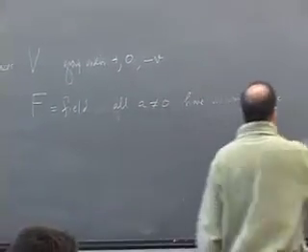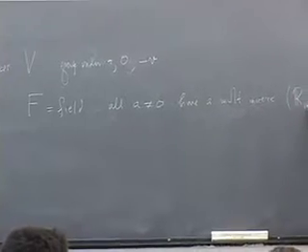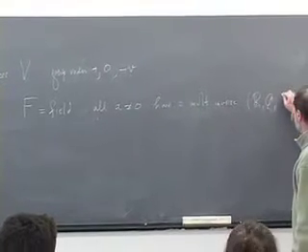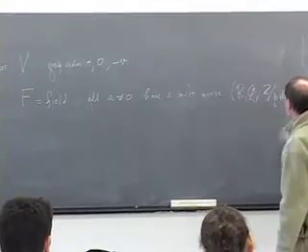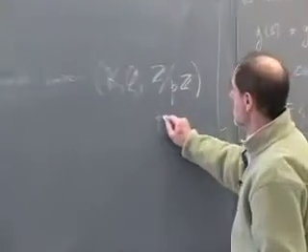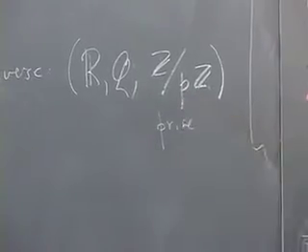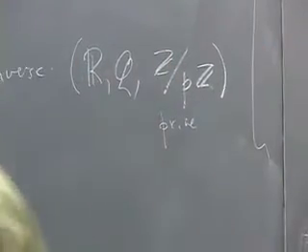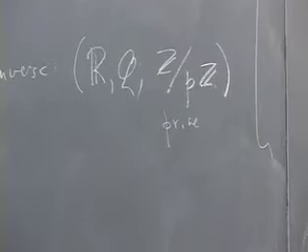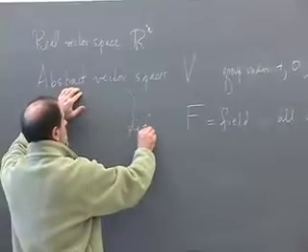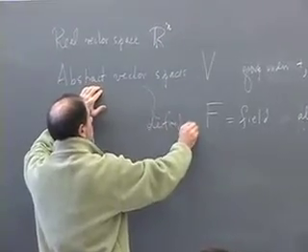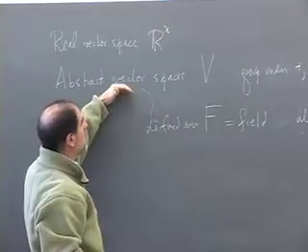And we had many examples of fields, like the real numbers and the rational numbers. And the field of p elements, we showed that this, where p is a prime, this ring is actually a field. And when you talk about an abstract vector space, you have to have a field specified before you can give a vector space.